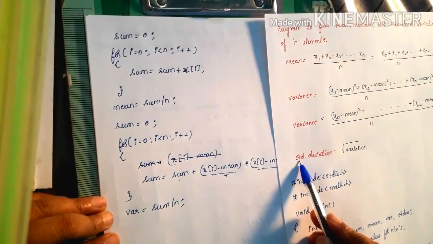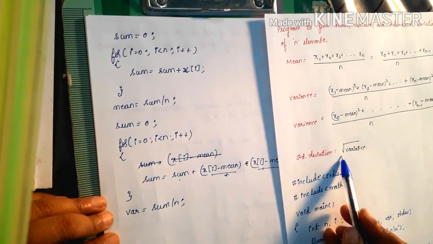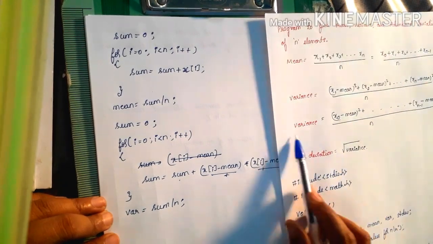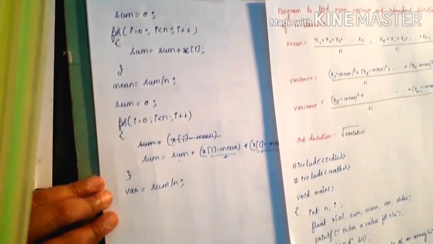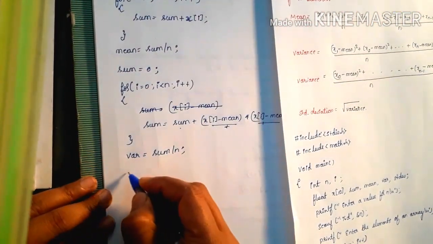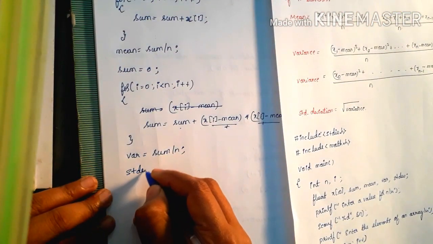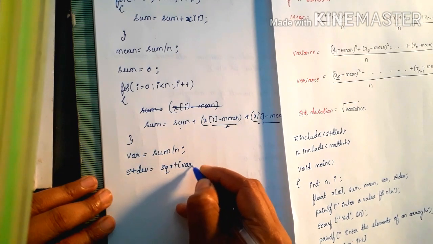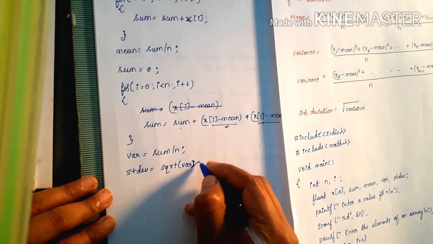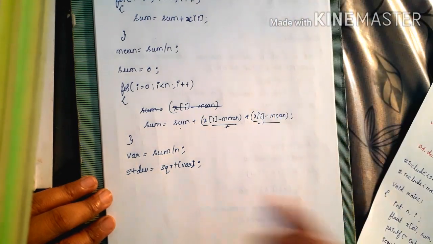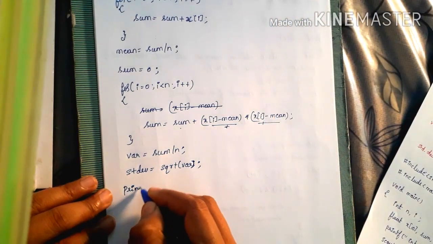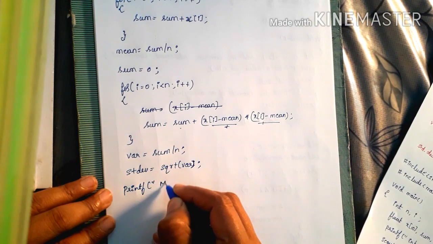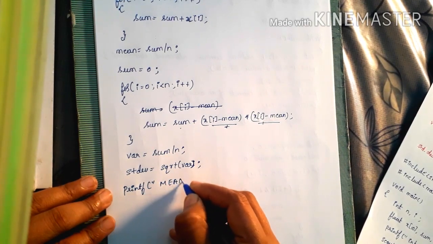Then calculate standard deviation. Standard deviation is square root of variance. Finally, print mean, variance and standard deviation.